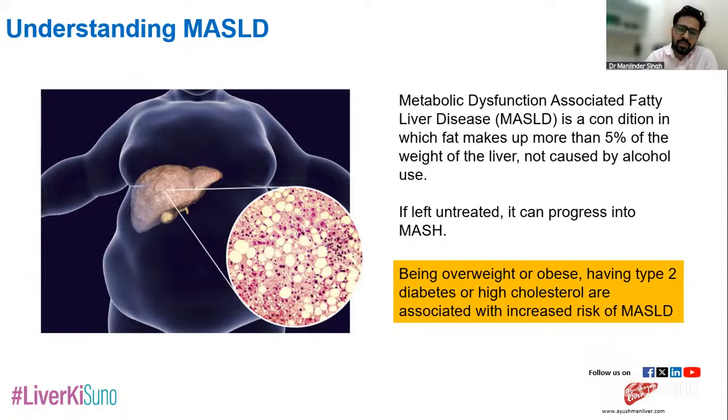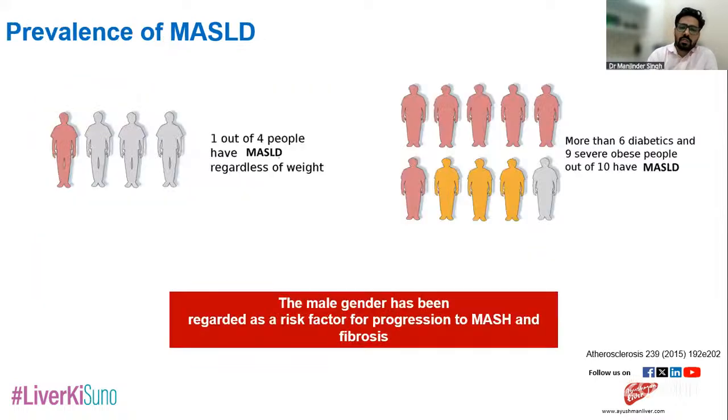There are various risk factors for developing MASLD. The most common ones are being overweight, obesity, diabetes, and hypertriglyceridemia. Other factors are alcohol and some genetic causes, like mutations in the PNPLA3 gene, which metabolizes fat through its lipase activity. That also increases the chance of steatotic liver disease.